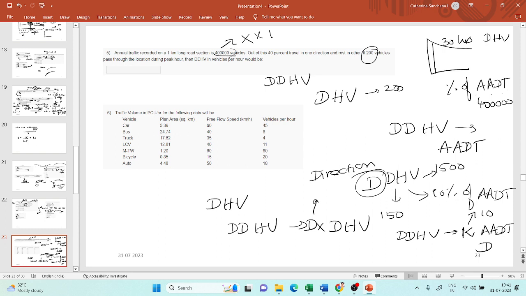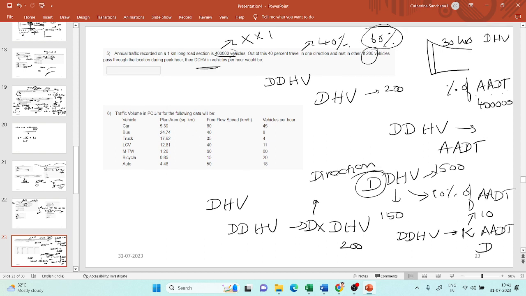Now you have DHV as 200, they've given it directly, and they've said that 40% travel in one direction. If 40% travels in one direction, it means 60% travels in the opposite direction. And for designing, I should always take the highest value. So I should take 60%. So DDHV is always the highest of the two. So 200 into 60 by 100 is going to be my DDHV, which is 120. So the answer to this is 120.